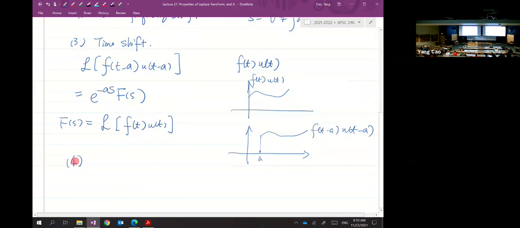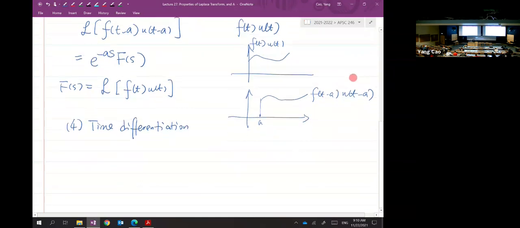And this next one is particularly useful. When we use it to solve differential equations, it's called the time derivative or differentiation. So here's what it's about. You have a derivative of the function with respect to t, and you're looking for its Laplace transform.